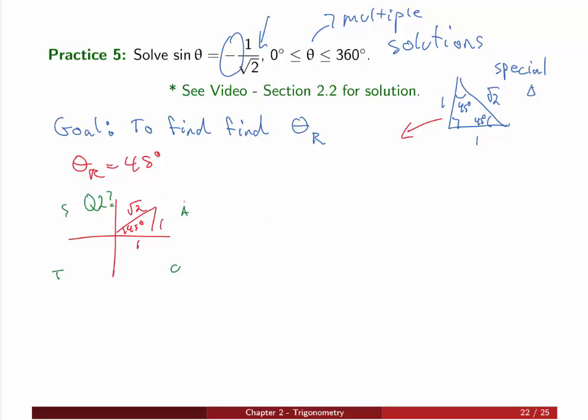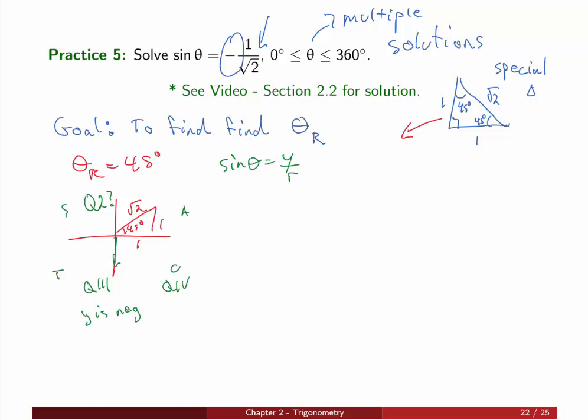Sine really deals with y, because sine theta is y over r. If we're dealing with y and we have a negative value, remember r is always positive. That would have to mean that we're dealing in quadrant 3 and quadrant 4, because that's the only place where y is negative.